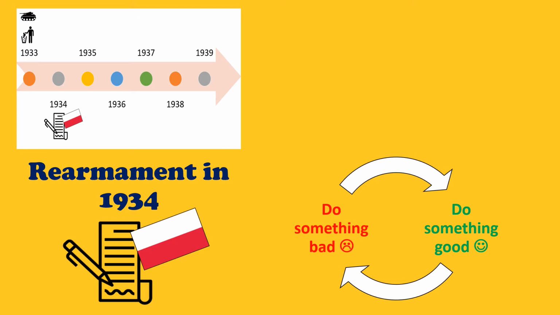And this is a great example of that. So as we've just seen in 1933, Hitler withdraws Germany from the League of Nations and begins his huge rearmament program that directly breaks the Treaty of Versailles. But then, to kind of throw people off the scent, if you will, in 1934, Hitler does something good.